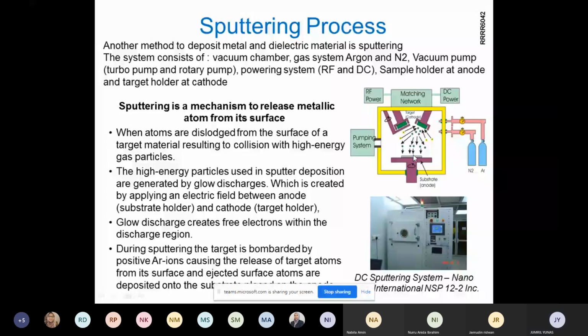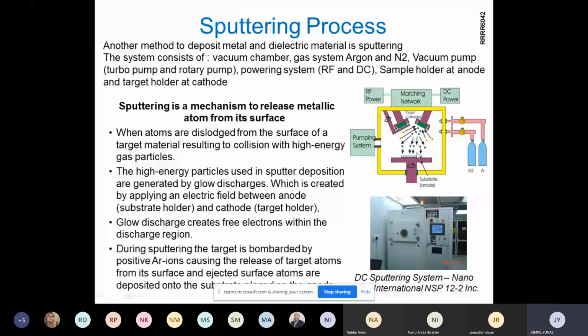This glow discharge creates free electrons within the discharge region. So during the sputtering, the target is bombarded by the argon ions, causing the release of target atoms from its surface.